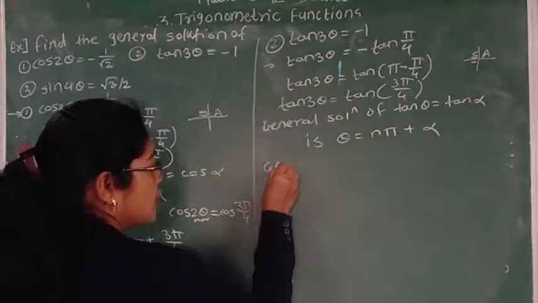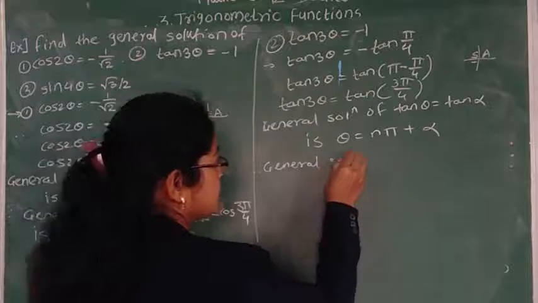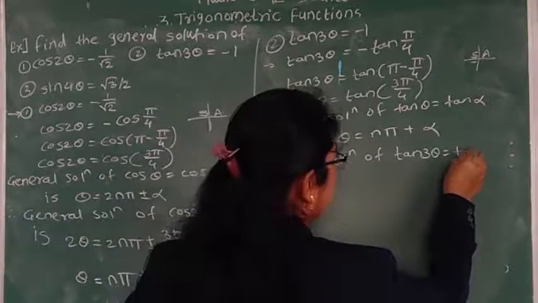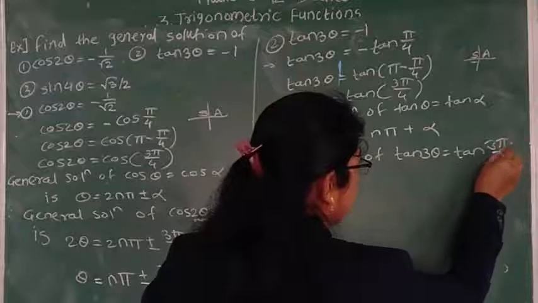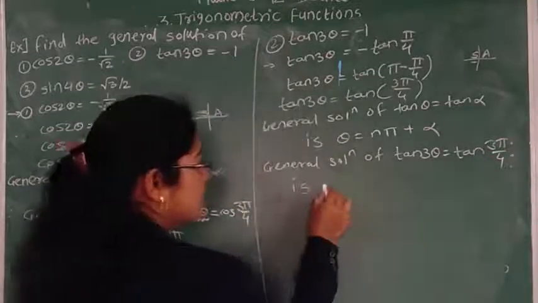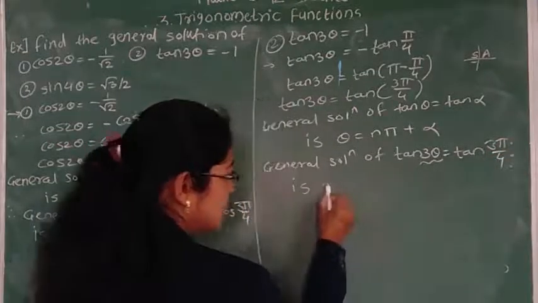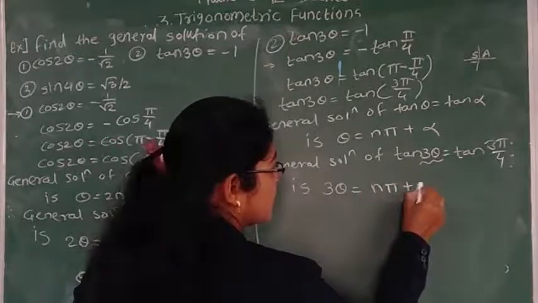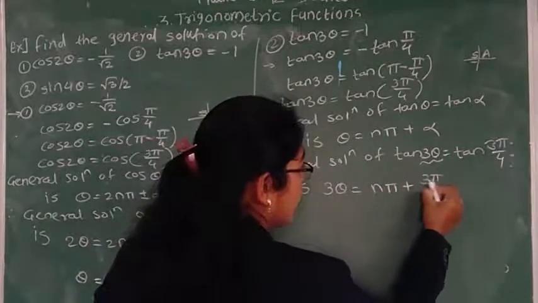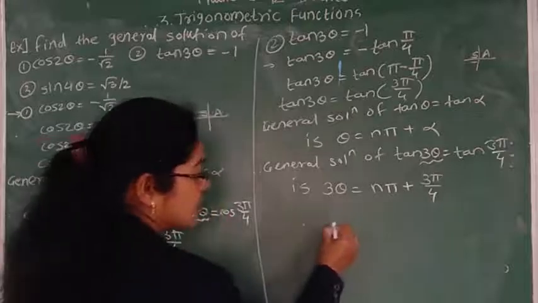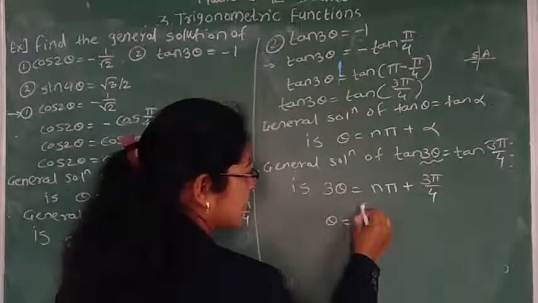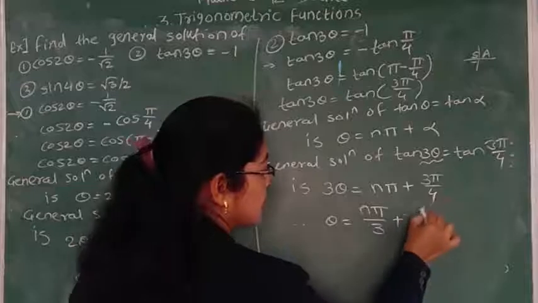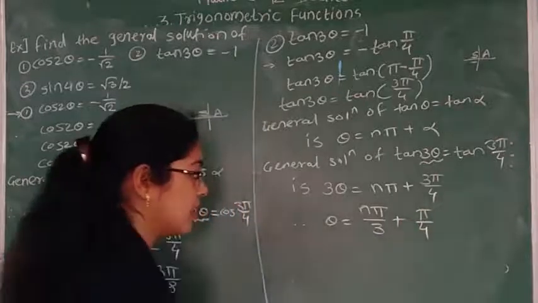So therefore general solution of tan 3 theta is equal to tan of 3 pi by 4 is, theta is 3 theta. 3 theta is equal to n pi plus alpha, alpha is 3 pi by 4. So therefore theta is equal to, let us divide by 3, n pi divided by 3 plus 3 will cancel, pi by 4 will come.